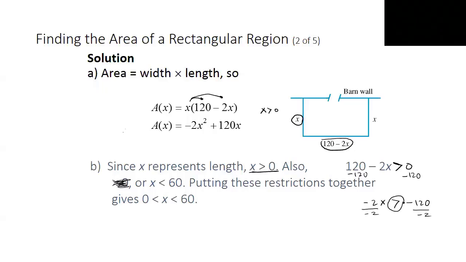Direction of inequality, anyone? Switch them. You switch the direction of the inequality, so X would be less than minus 120 over minus 2, which is 60. So the other restriction here would be X has to be less than 60, greater than 0. Putting that together, the restriction would be X has to be between 0 and 60. So that would be part B.